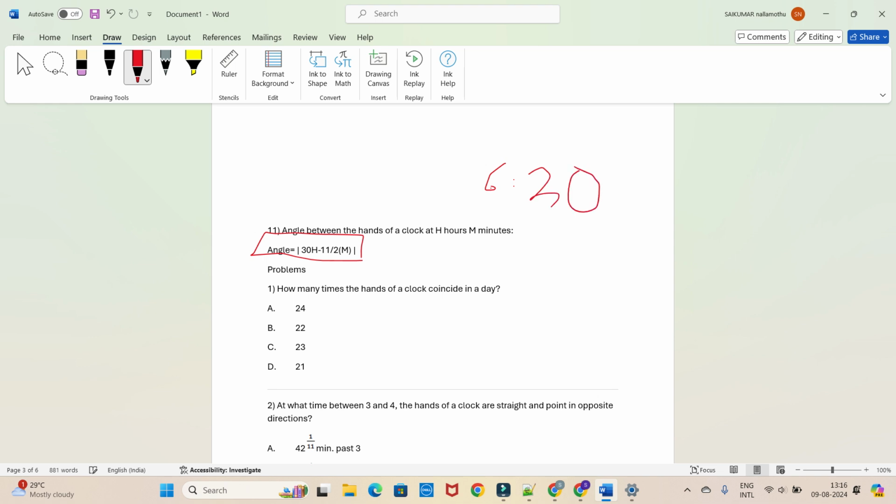How much would the angle be? 30h is 30 into 6, that is 180, minus 11 by 2 into 30, that would be 11 into 15, that is 165. So the angle is 15 degrees. This is how you can find the angle.